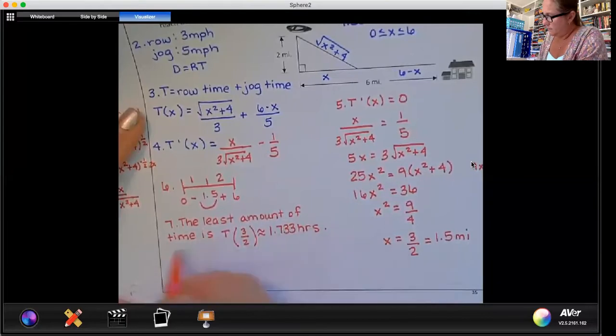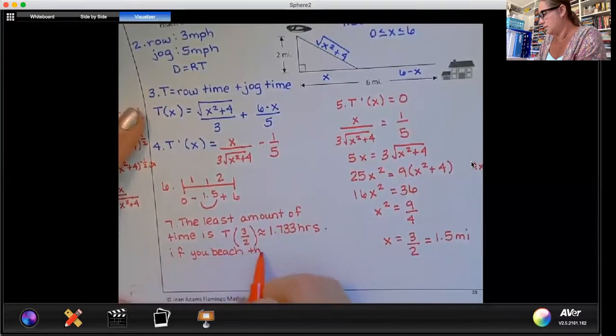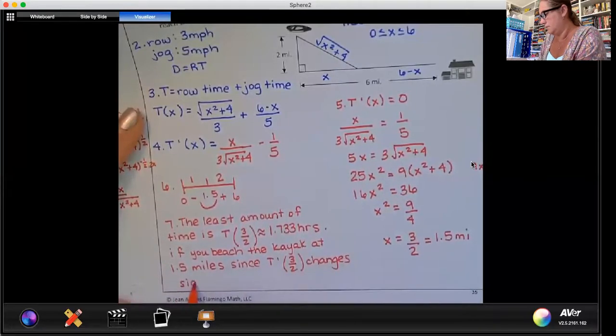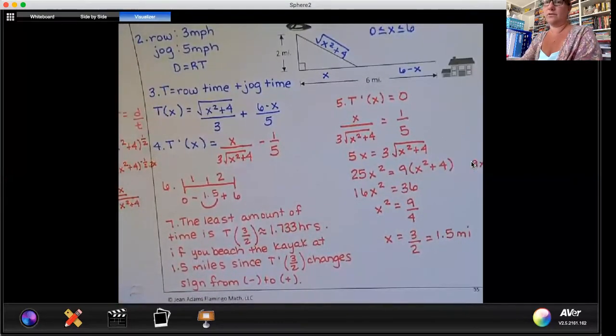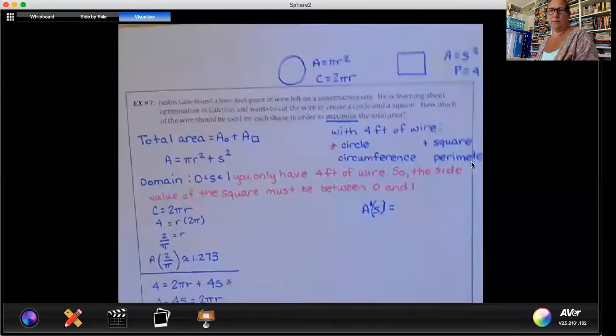And that's if you beach the kayak at 1.5 miles, since T prime of 3/2 changes sign, look at your chart, from negative to positive. In the grand scheme of things, these are not that difficult. There's just a lot going on, which you will definitely see here, for example, number 7.